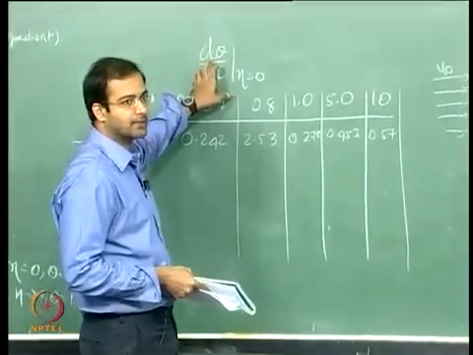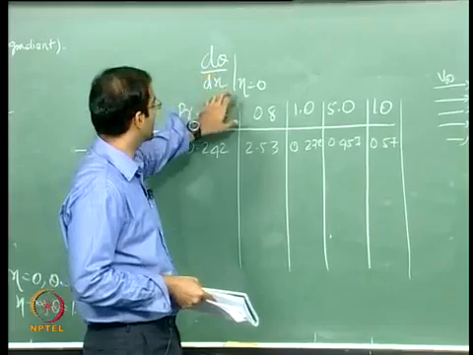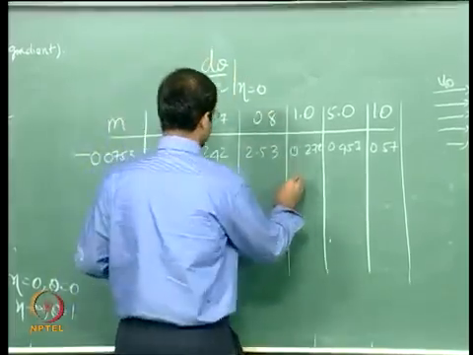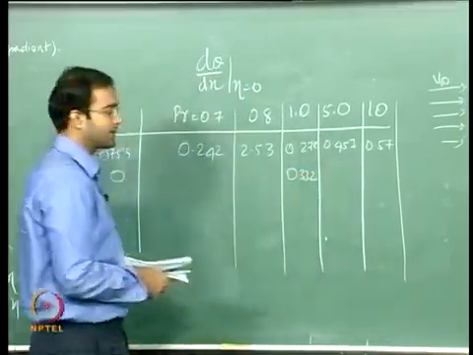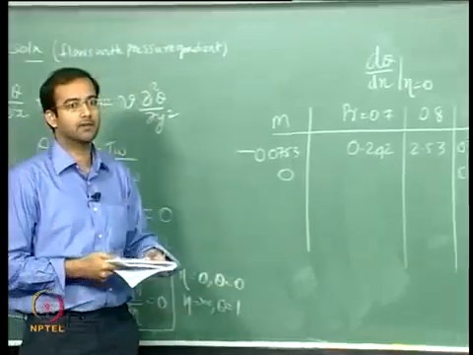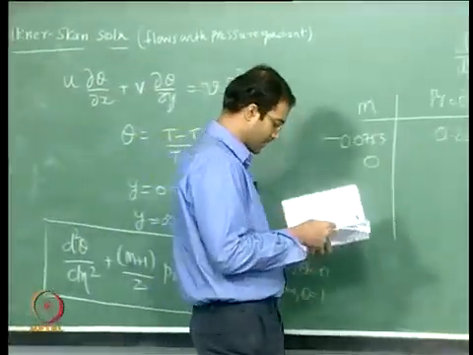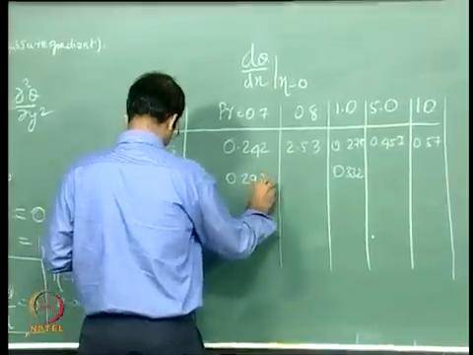So the curvature d square f by d eta square should be exactly equal to d theta by d eta. So this should be 0.332. So this value should be 0.332 into Prandtl number power 1 by 3. Okay, so what should be the value? So it will be something like 0.292, it will be reduced.